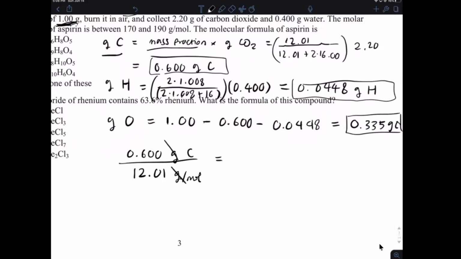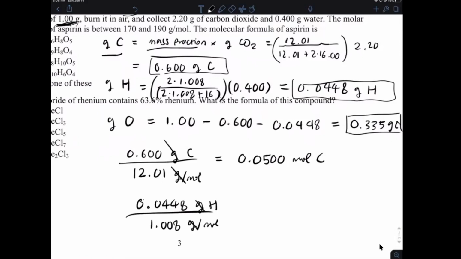So if we divide this, we should get around 0.05 moles carbon. And then we take our hydrogen and do this exact same thing. And then we get, I think, around 0.0444 moles.